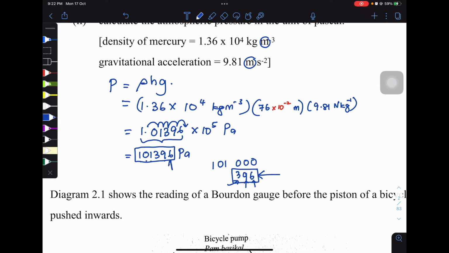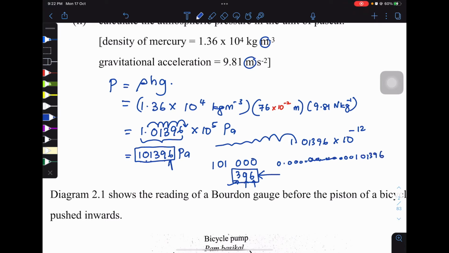So all this means you have to write all the numbers. It's not like this. Let's say this one is 1.01396 times 10 to the power negative 12. With negative 12, it is actually 0.0, 1, 2, 3, 4, 5, 6, 7, 8, 9, 10, 11, 12, 1396.